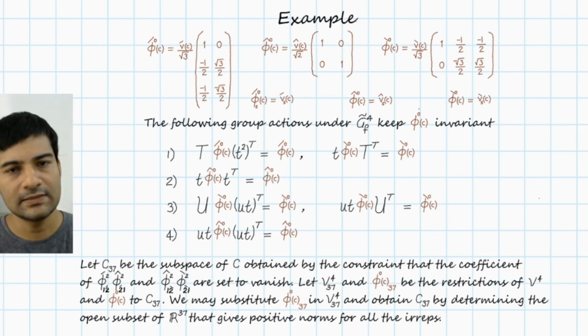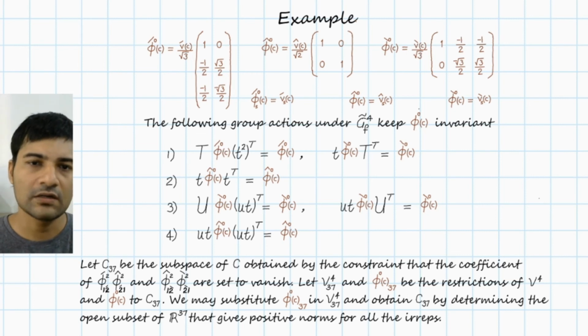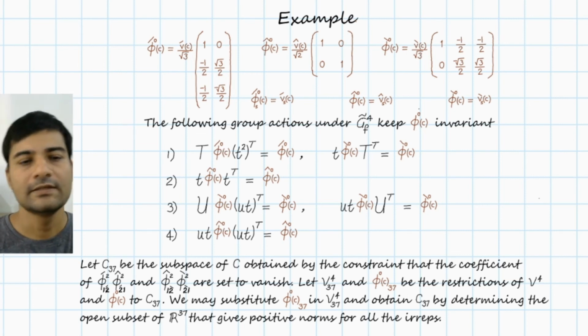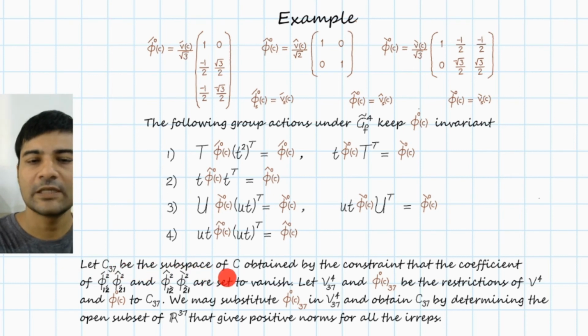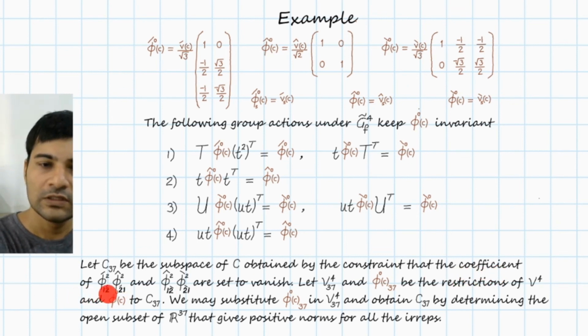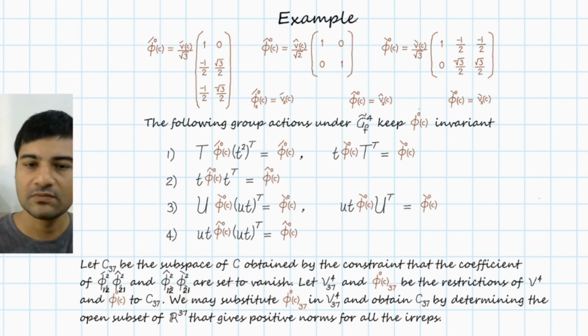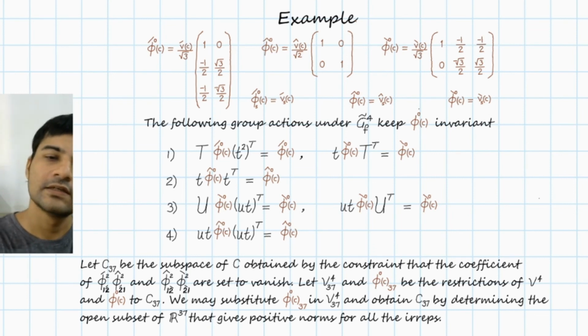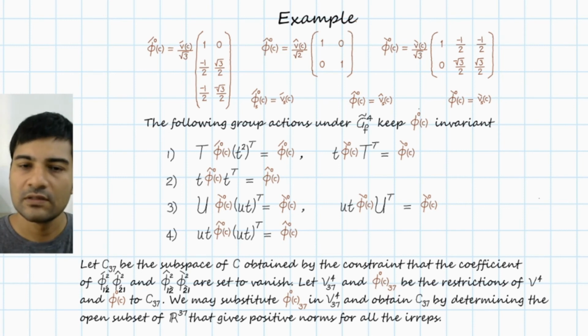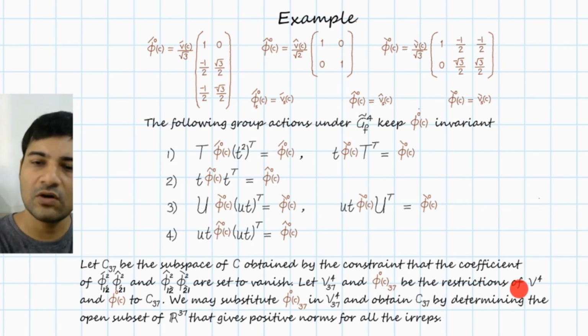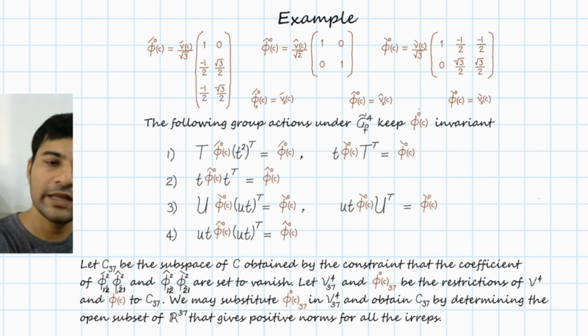Now let us discuss the situation where these states are not normalized. Let C37 be the subspace of C obtained by the constraint that the coefficients of the 38th and the 39th terms are set to vanish. Let V437 and phi 0C37 be the restrictions of the potential and the field to C37.